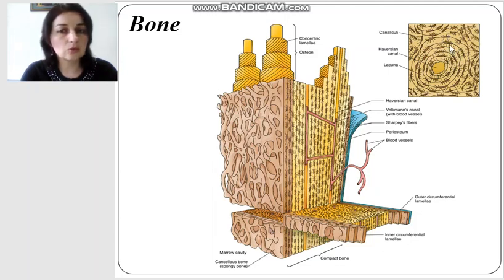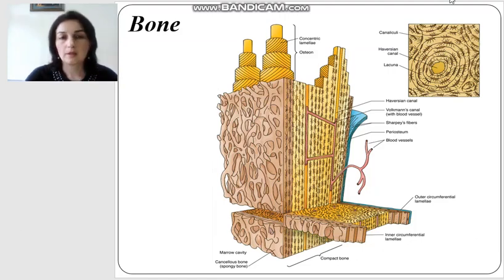Inside the canaliculi will be located their processes, and in that way the processes communicate with each other. The processes of one cell and another cell contact each other inside the canaliculi. So inside the bone tissue you will see the cellular lacunar canalicular system that is filled with tissue fluid.